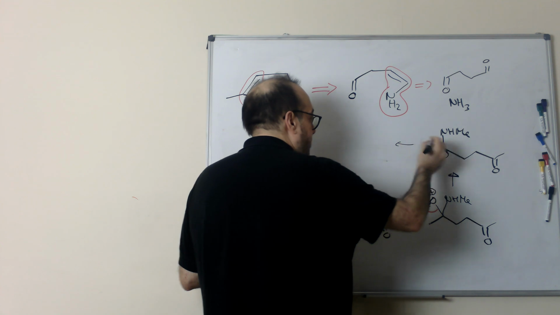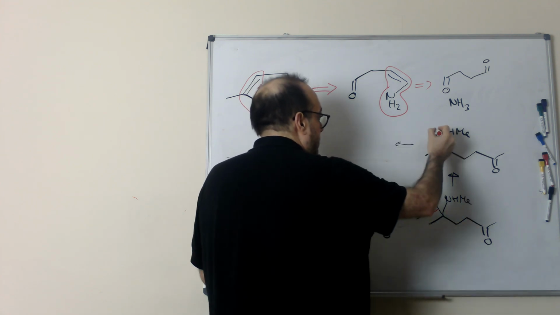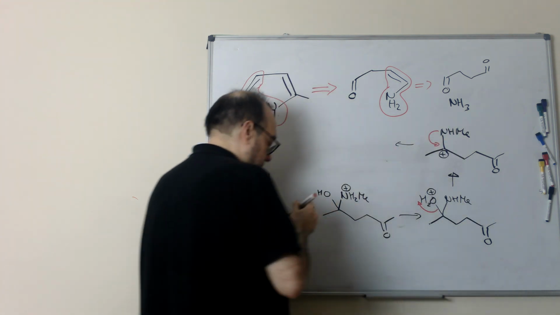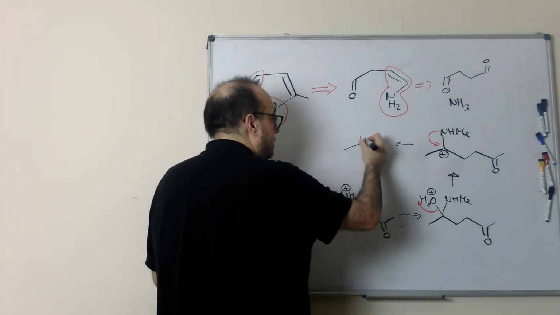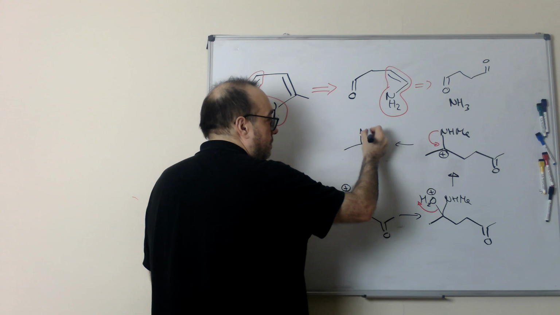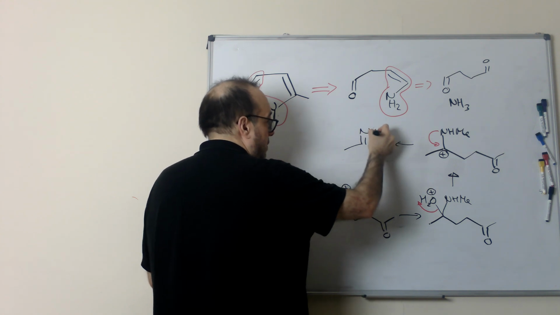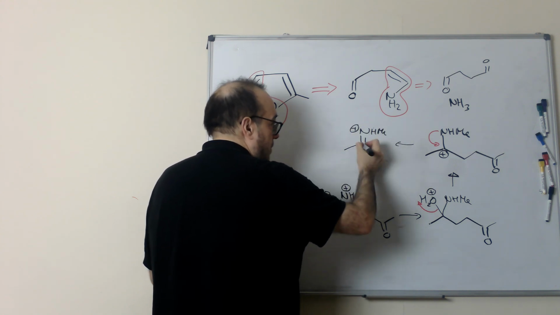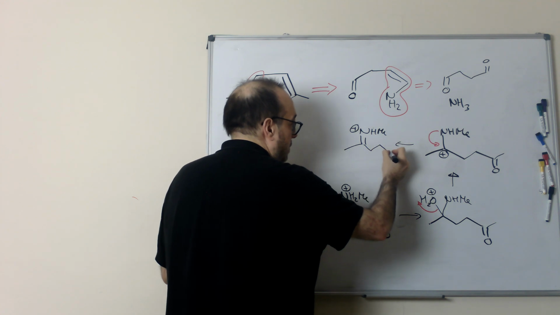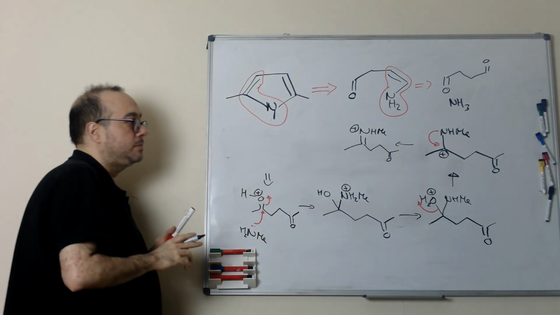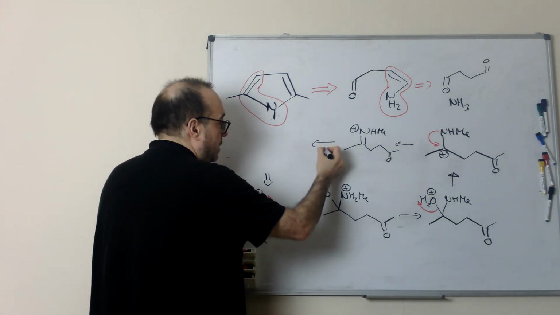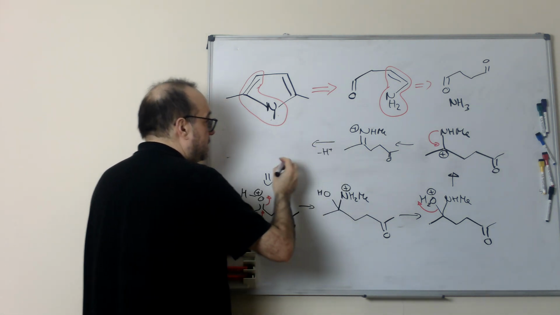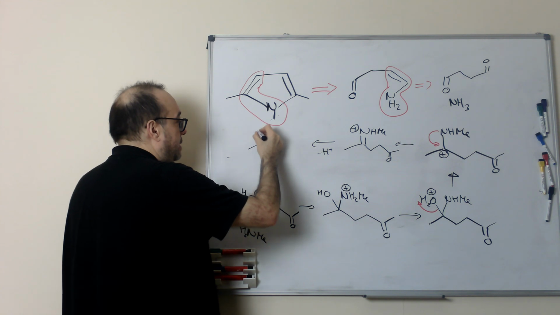In the next step, the pair of electrons of the nitrogen come here, we lose a proton, and we get the imine.